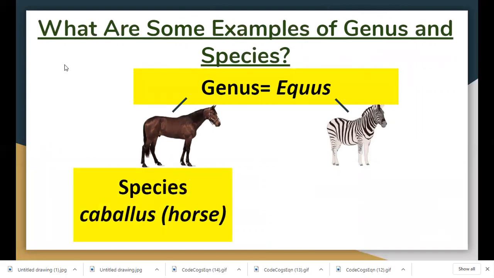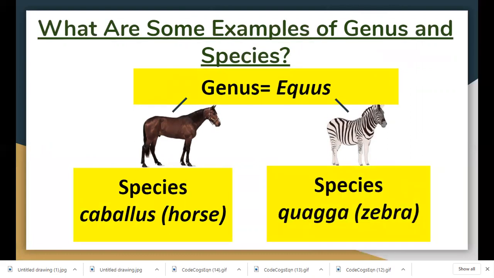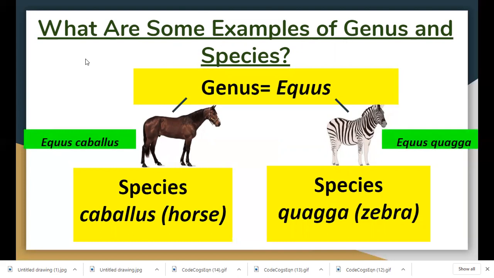However, they are different species. The horse is the species of Cabalus, and the zebra is the species of, I hope I get this word right, Quagga. And you would label them as Equus Cabalus and Equus Quagga. Hope I'm pronouncing that Quagga correctly.